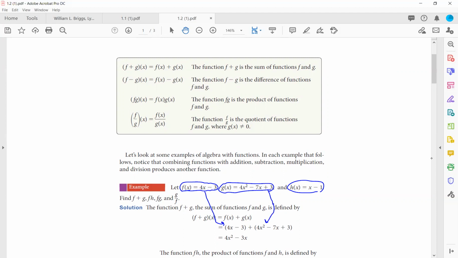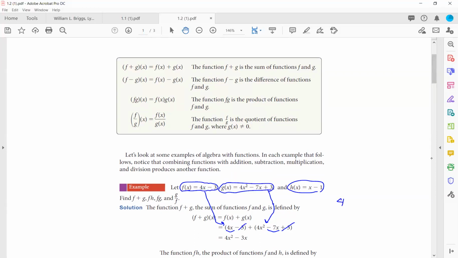We're looking for like terms, which are 4x and minus 7x. If you add these together, the outcome is negative 3x. You have minus 3 plus 3, which is 0. You also have 4x squared, the only quadratic term. So you copy down the quadratic term, 4x squared, and the sum of 4x minus 7x is negative 3x.